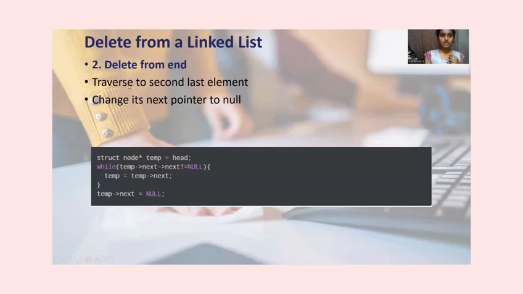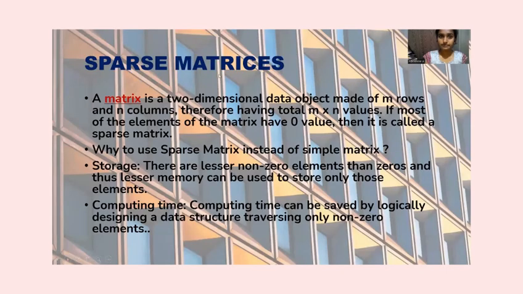Delete from the end. Traverse to the second last element, then change its pointer to null. Struct node temp equals null, while temp next next not equals null, temp equals temp next. This is again a simple program.